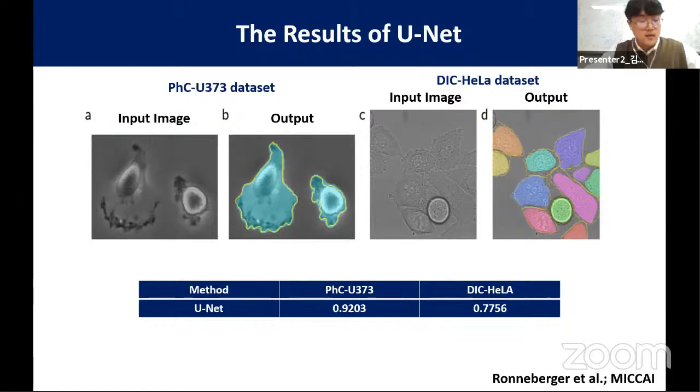IOU means intersection over union. The higher the value of the IOU, the better the performance. Finally, UNet produced 92% and 77% on the PhC-U373 and DIC-HeLa datasets respectively. Actually, recently, significantly enhanced methods were proposed for segmentation tasks compared to UNet, so more concrete and exact segmentation maps can be obtained.